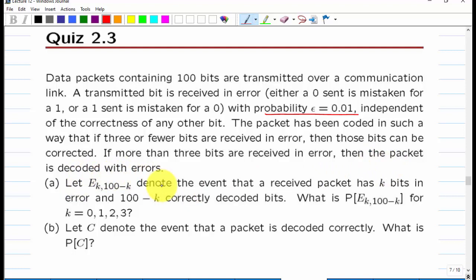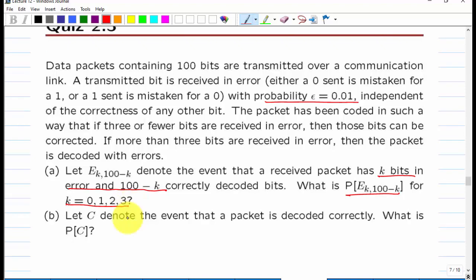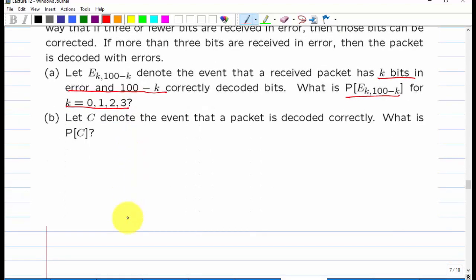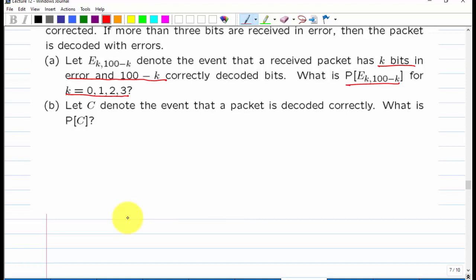Let the event E_k,100-k denote the event that a received packet has k bits in error and 100 minus k correctly decoded bits. What is the probability of this for k equal to 0, 1, 2, 3? So let's solve this problem.